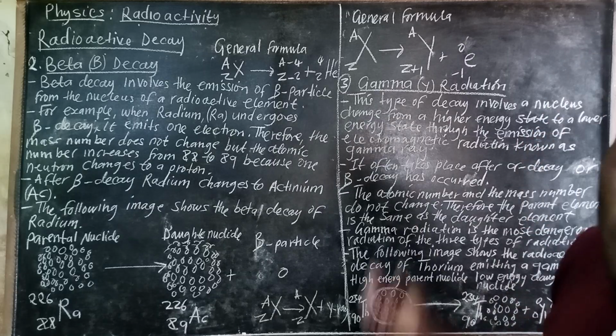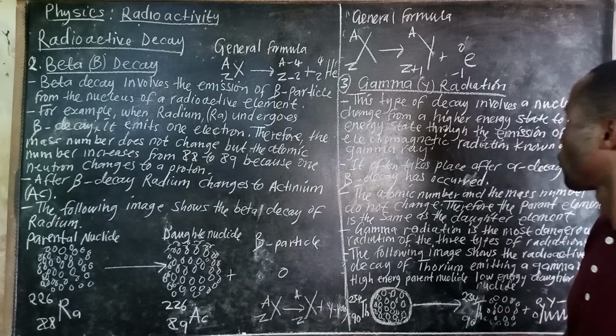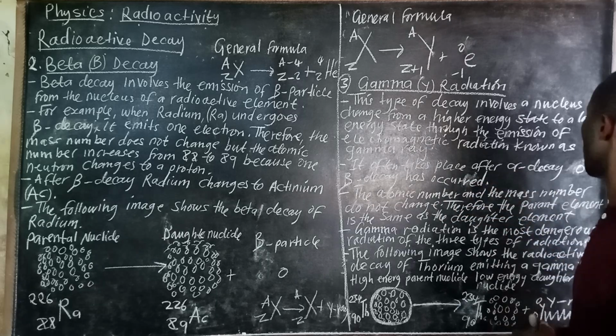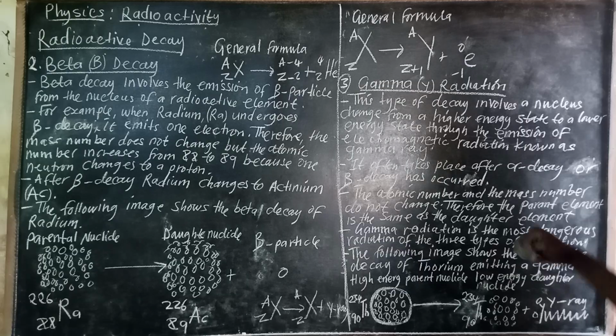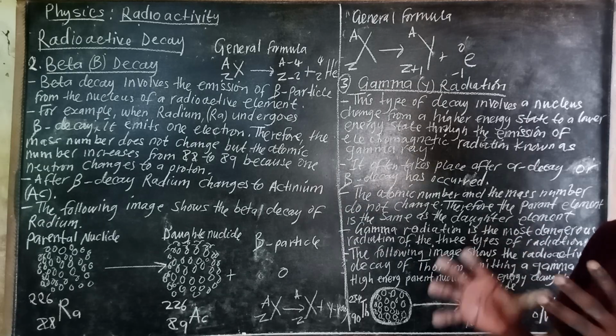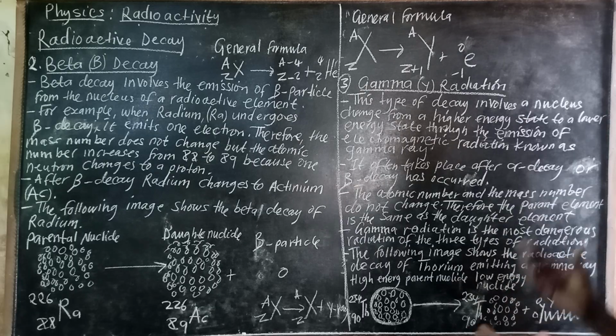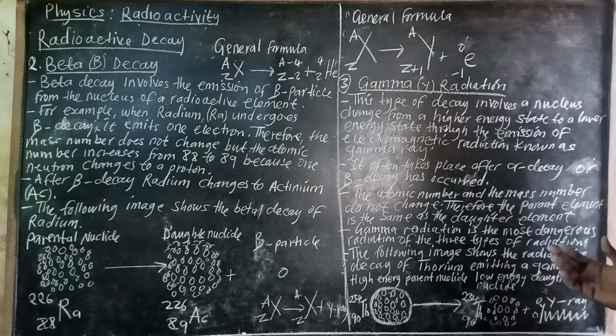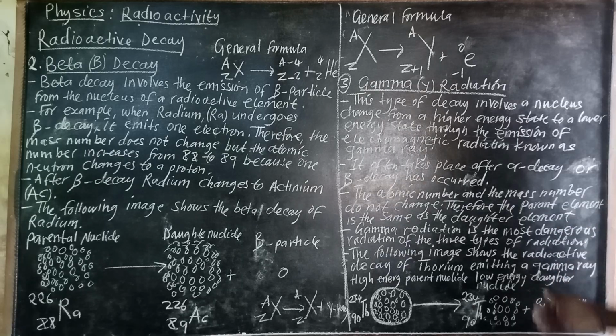So quickly we can go now to gamma radiation, or gamma ray. This type of decay involves a nucleus changing from a high energy state to a lower energy state. So it is about energy state this time. This happens through the emission of electromagnetic radiation known as gamma ray.